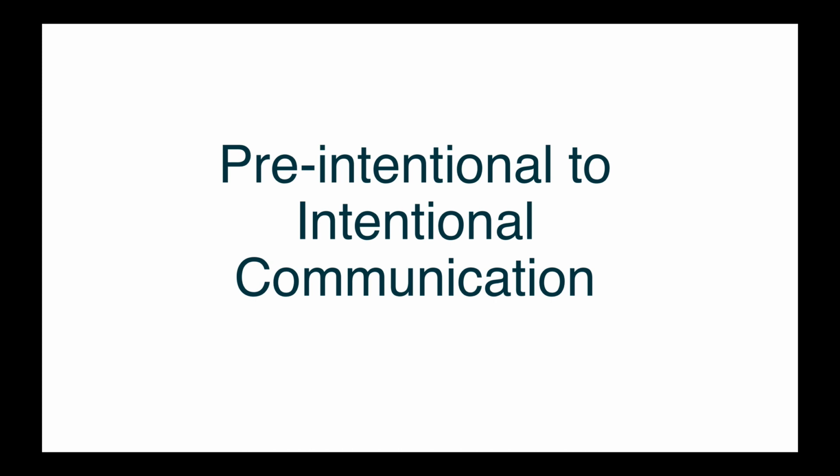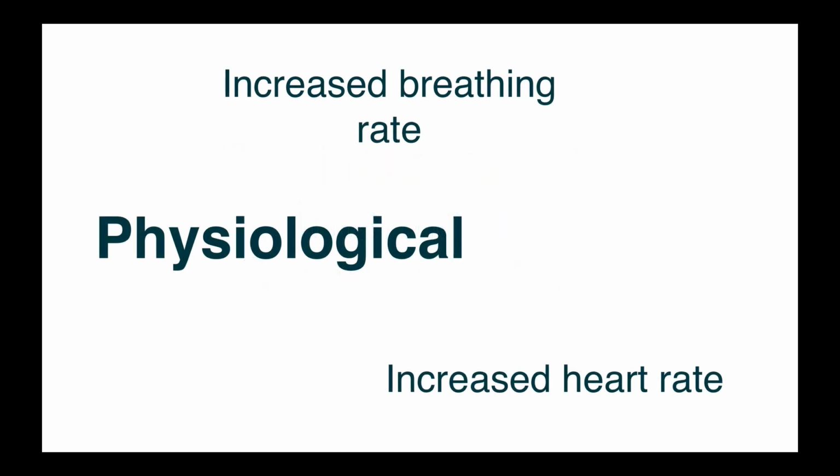Before students use speech, signs, or symbols to communicate, they must move from pre-intentional to intentional forms of communication. When students are pre-intentional communicators, adults must learn to identify behaviors that could serve a communication purpose. For example, adults might look for physiological behaviors such as an increased breathing rate and increased heart rate.